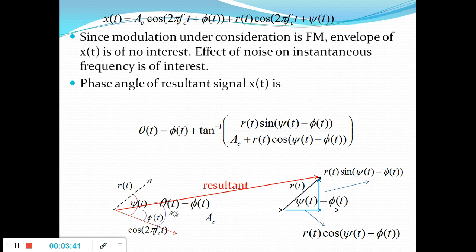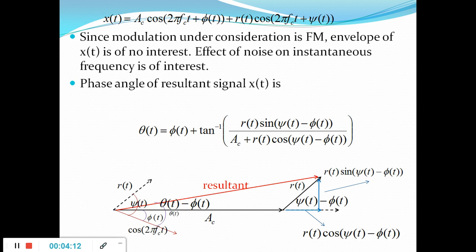It is represented by Ac vector of larger magnitude and making an angle of phi(t) with respect to cos 2 pi fc t line. The second term is a noise which is represented by the magnitude r(t) and makes an angle of psi(t) with respect to cos 2 pi fc t line.